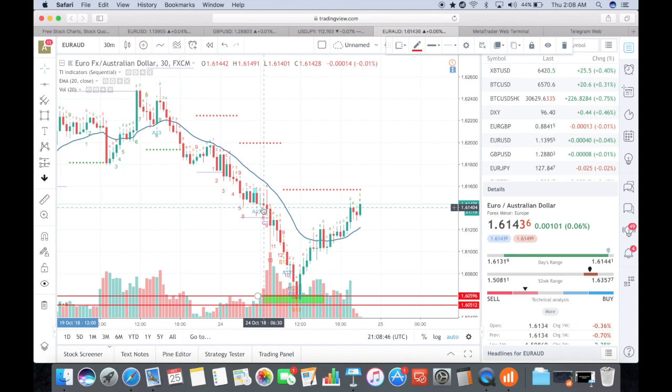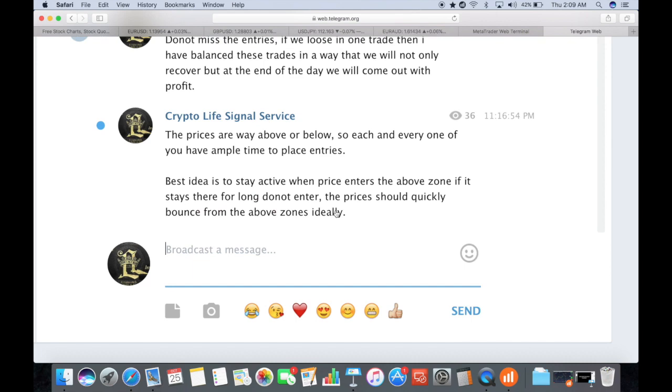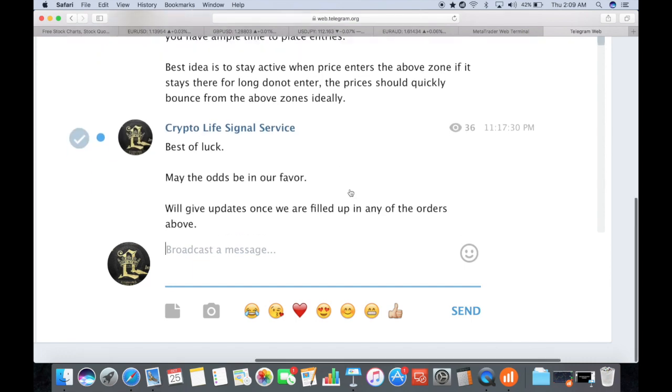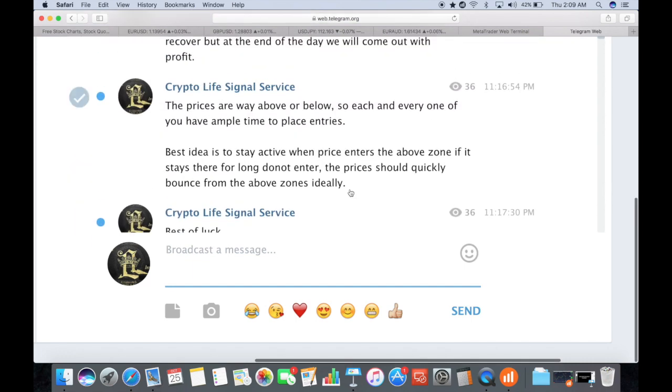So most probably it's going to turn back from here at this supply level, or it can go towards this supply level, and obviously it will get rejected a couple of times whenever it enters these supply levels. Now it depends whether this supply level is fresh or not, but I have closed this trade because for me just 70 to 100 pips are enough.